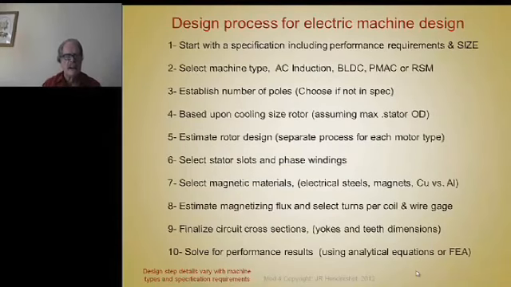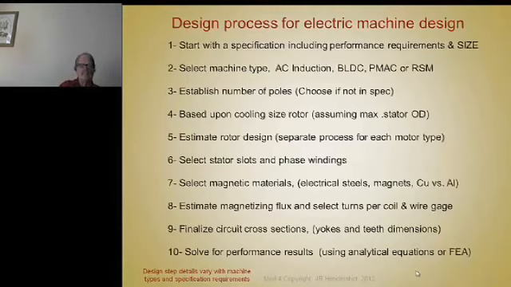So here we've written out all these same steps in a list of 10 steps here. I don't think we need to go over them again. Let's see if there's any other points that come to mind. Establishing the number of poles is sometimes in your specification, but not always.